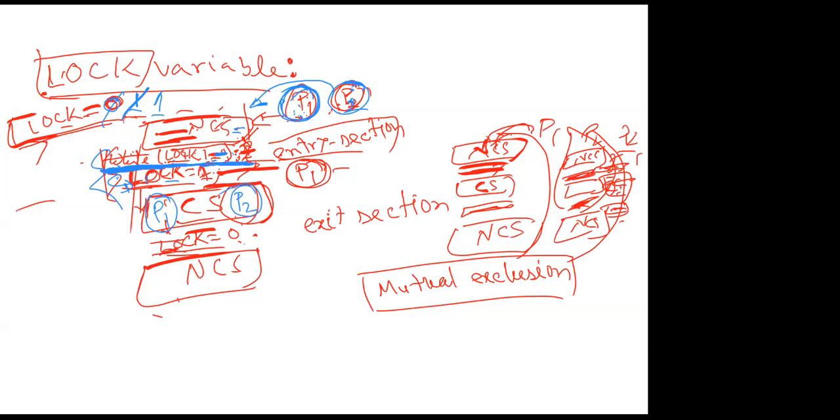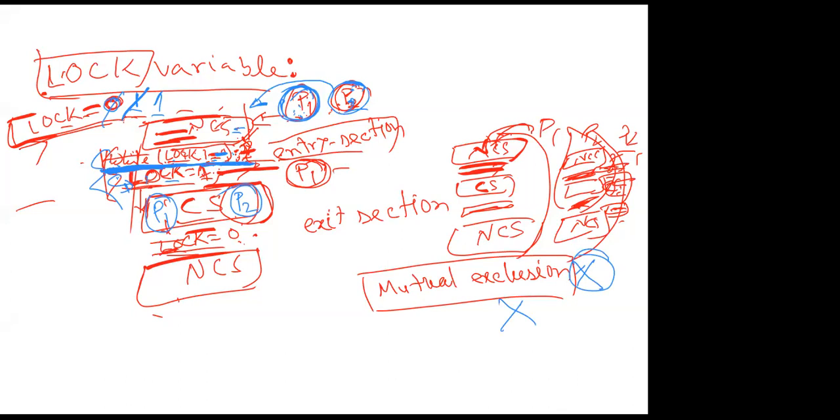It is possible: if a process is preempted after the while loop, there is a chance for two or more processes to be inside the critical section at the same time. So from here you can see that this lock variable mechanism doesn't satisfy mutual exclusion, which is one of the major properties of a synchronization mechanism.